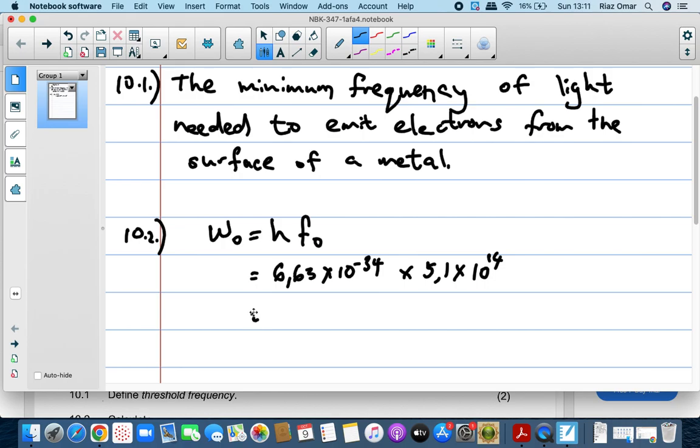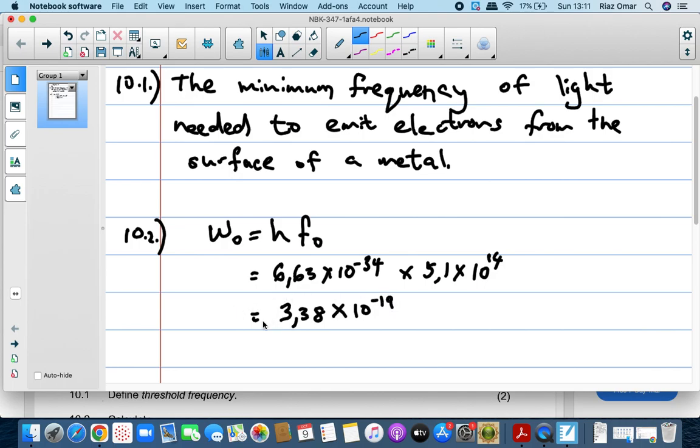That will give you 6,63 times 10 to the minus 34 multiplied by 5,1 times 10 to the 14. That gives us 3,38 times 10 to the power minus 19.